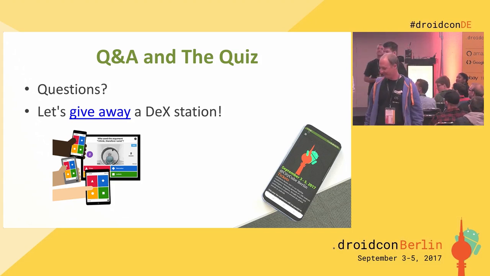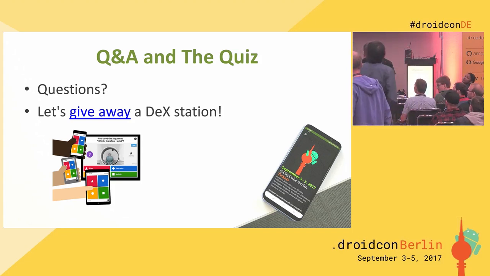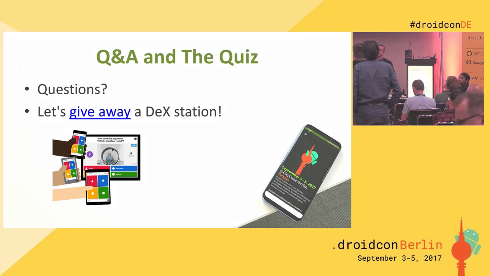Great talk, thank you. One question about background services. Let's say you have a sticky foreground service, Google Play Music for example, and you are listening to music. How do the notifications work in this case, in desktop mode? I don't think anything changes. Can you give me an example? Sure.